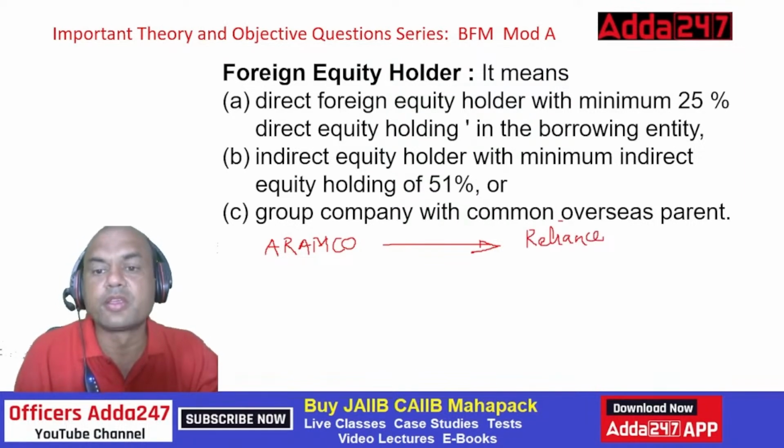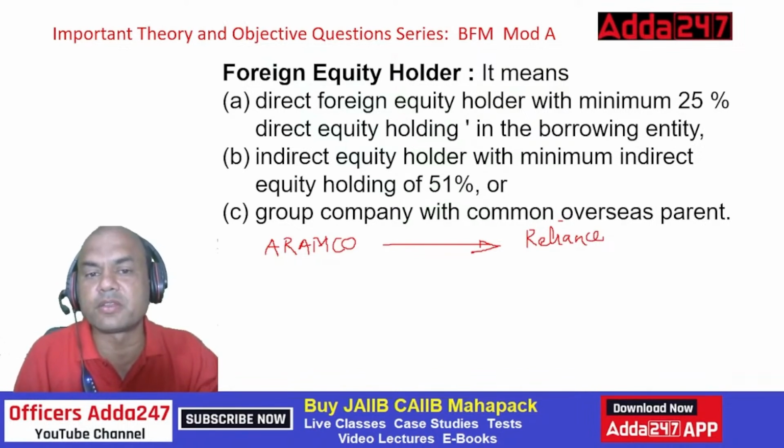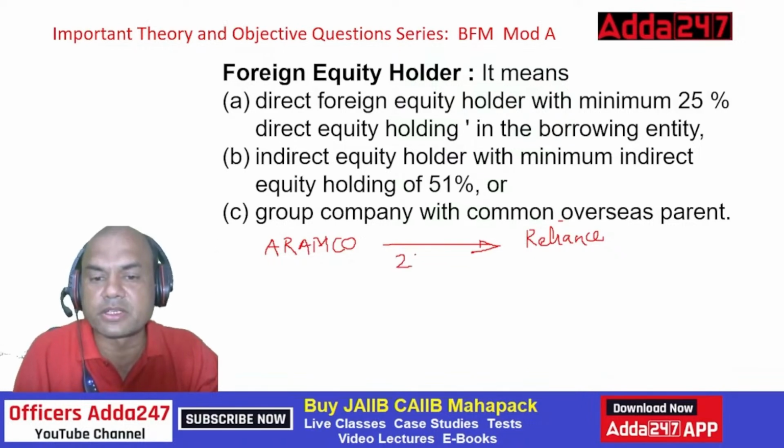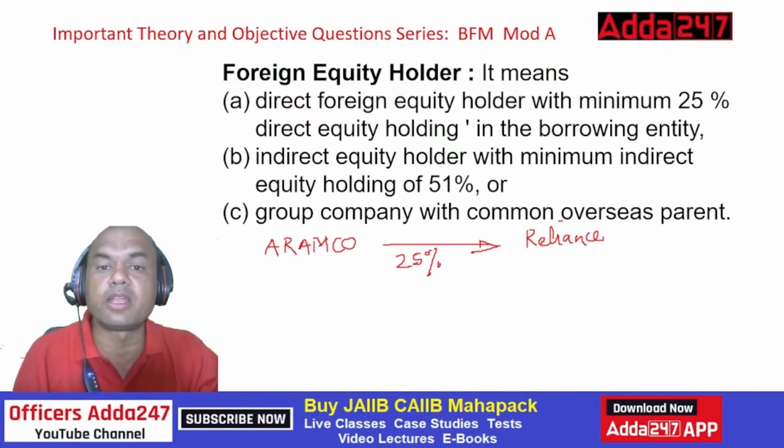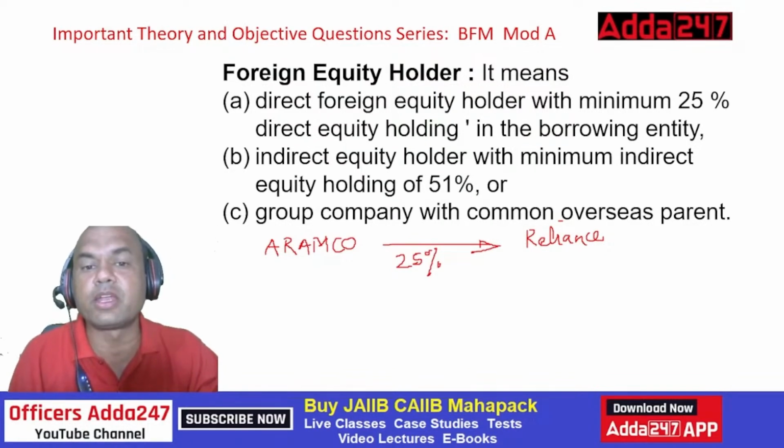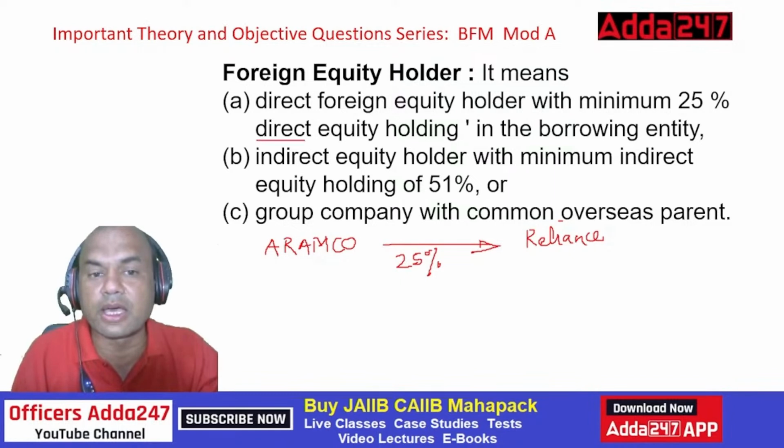If it buys directly, see, the first step is what? Minimum 25% of the direct holding. So Aramco will directly buy a minimum of 25% of the shares of Reliance. So that is known as a foreign equity holder with a minimum of 25% direct equity holding, direct.